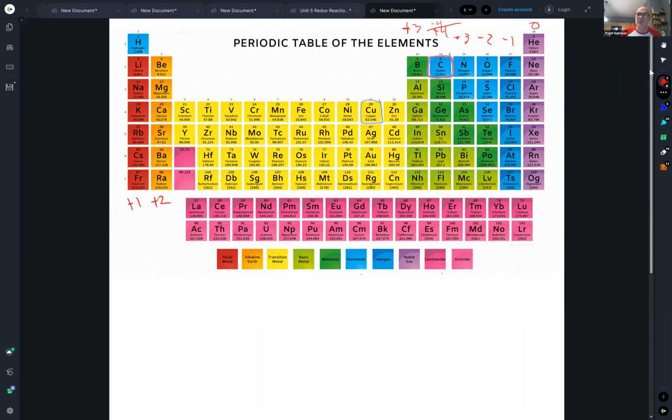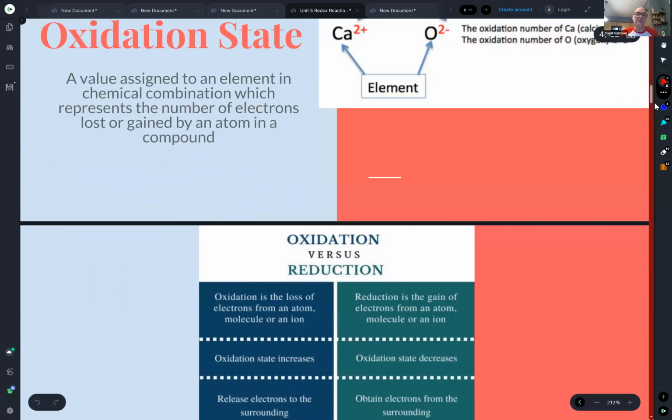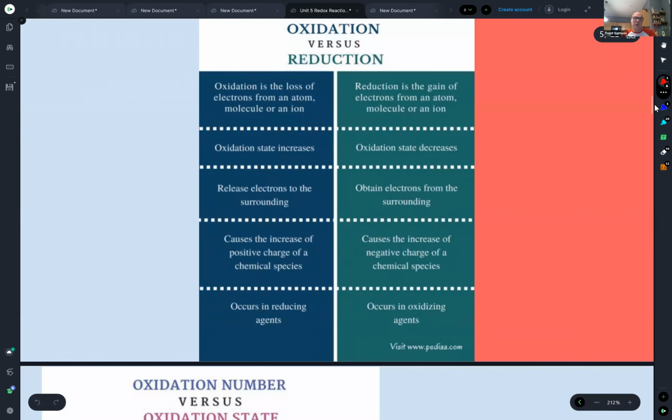Now we're going to give it a more formal name. We're going to refer to it as an oxidation state. It means the same thing. If it's positive, it's losing electrons. If it's negative, it's gaining electrons. I want to remind you, this term oxidation means that it is losing electrons.